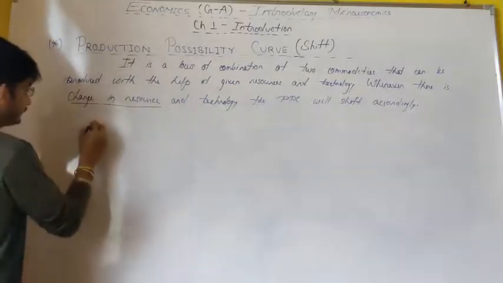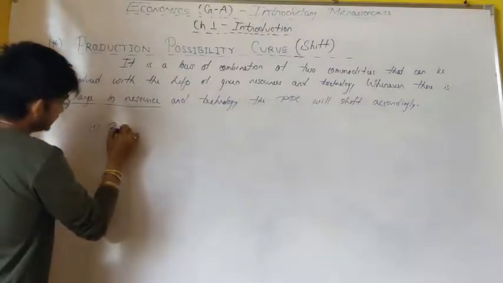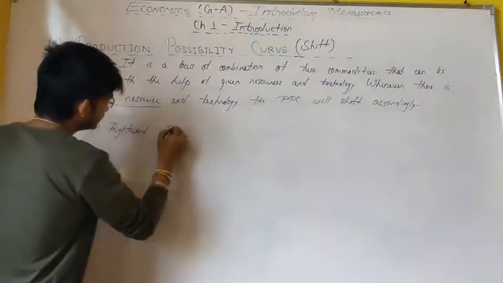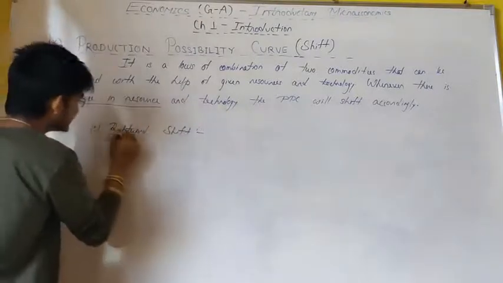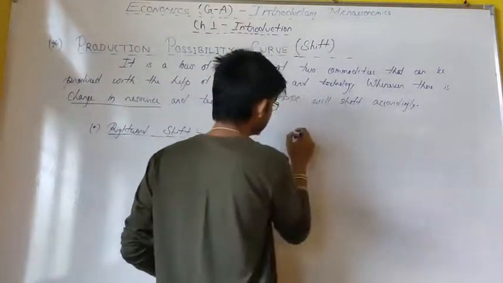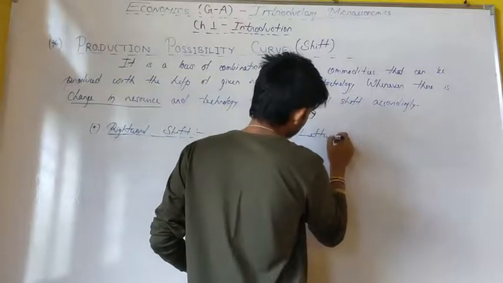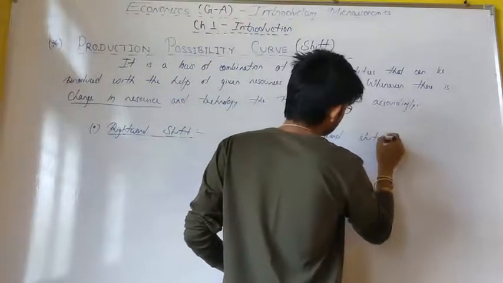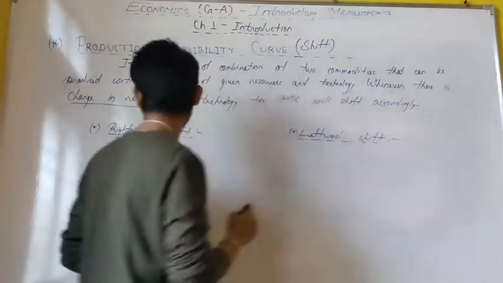Well, the shifts are basically of two types. One is the rightward shift, and the other, you can clearly guess, would be the leftward shift. So what is this rightward shift?